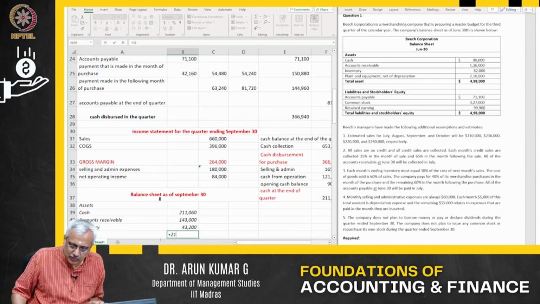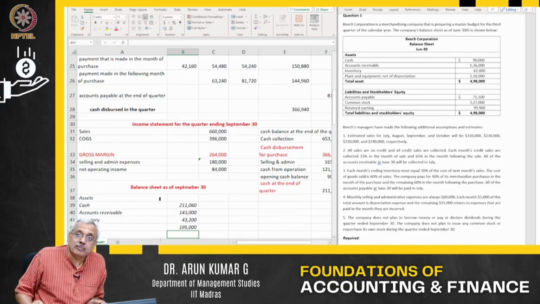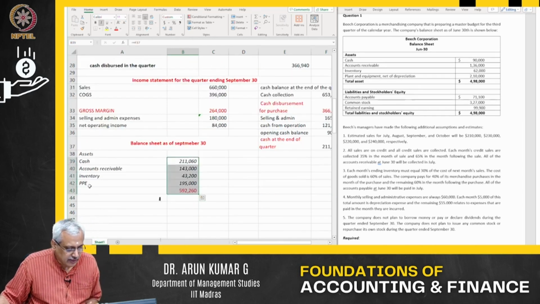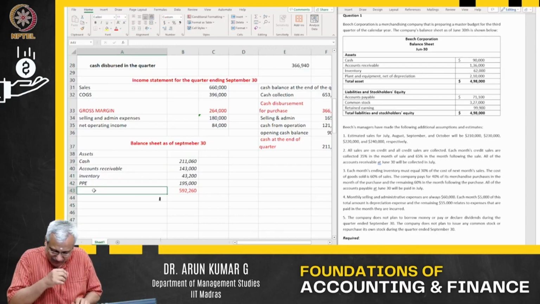The PPE is 2,10,000. 5,000 per month is the depreciation as given in the problem. So 3 months, so 15,000 gone. This is going to be my PPE, and this total is going to be my total assets.